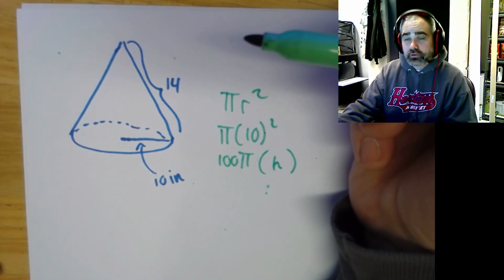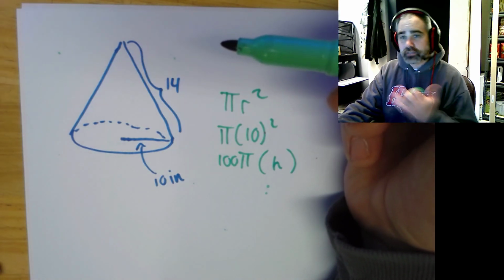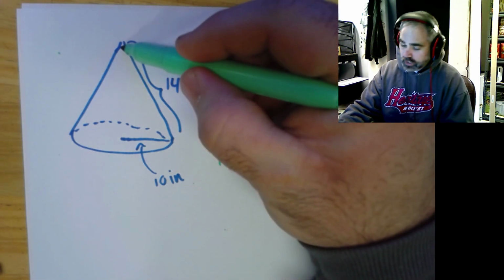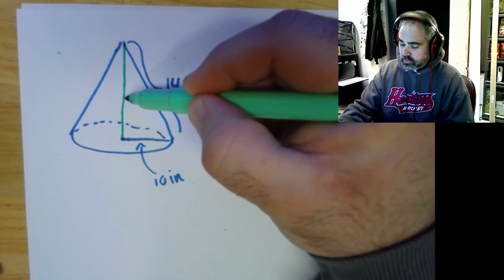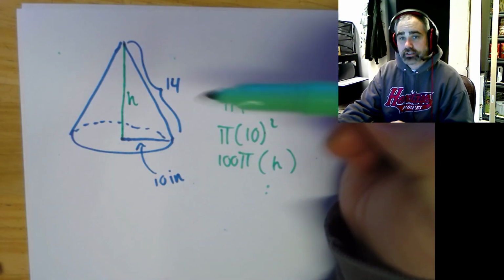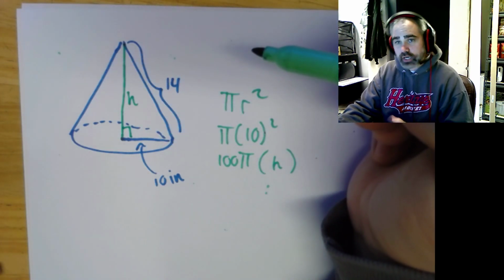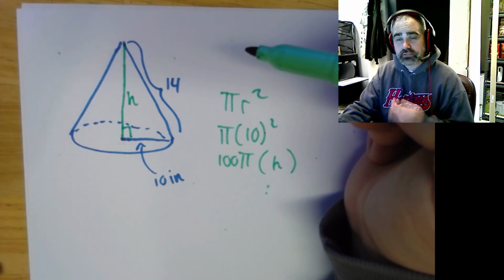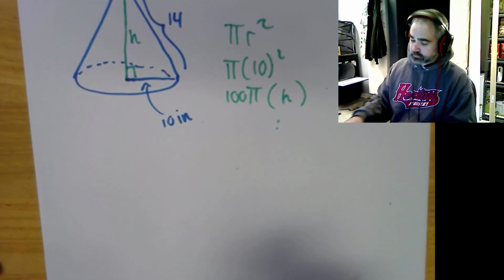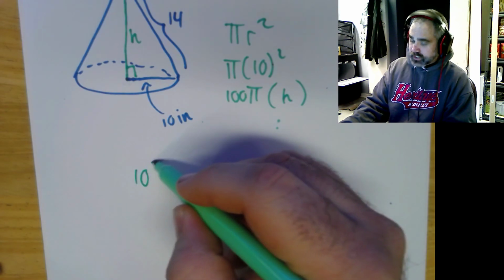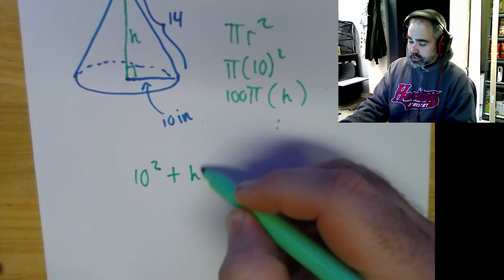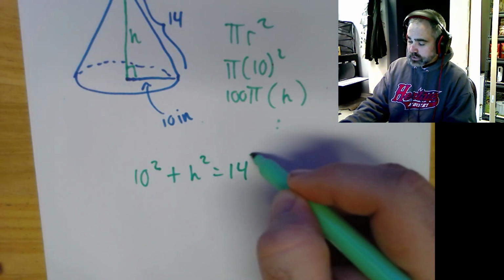And remember, if you don't know something, get creative. Don't be afraid to try something, draw in some extra lines. We need to find the height. And as it turns out, this is a right triangle, and I can use the Pythagorean theorem to find the height. Because it's going to be 10 squared plus h squared equals 14 squared.